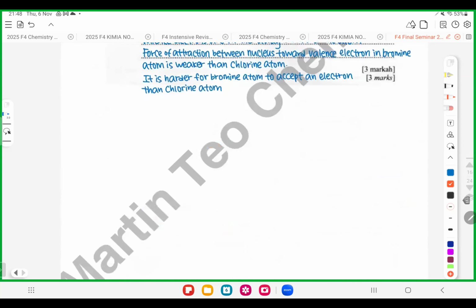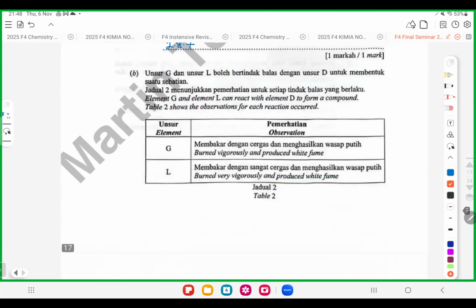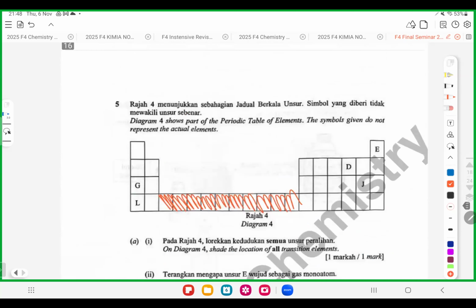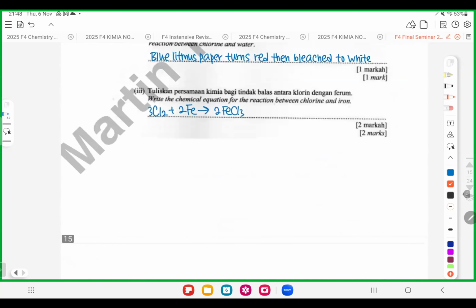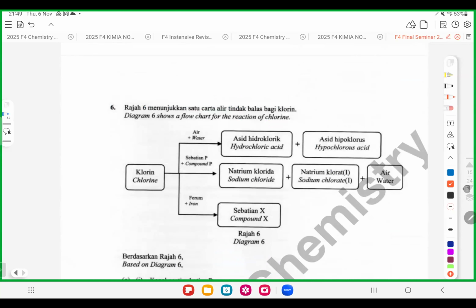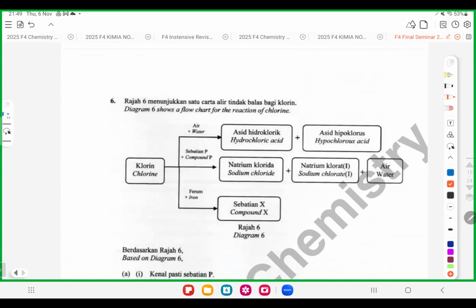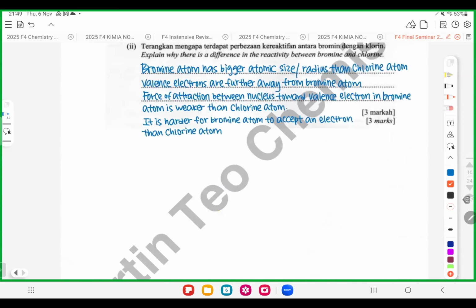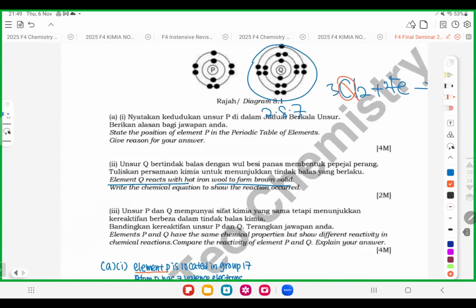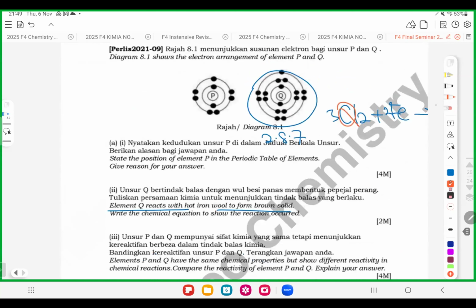So let me show you another super important question related with periodic table. How we study the periodic table and what is the common mistake made by many students. Let me show you this question here. All right. Here we go.